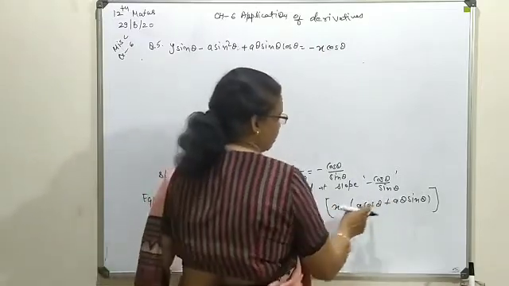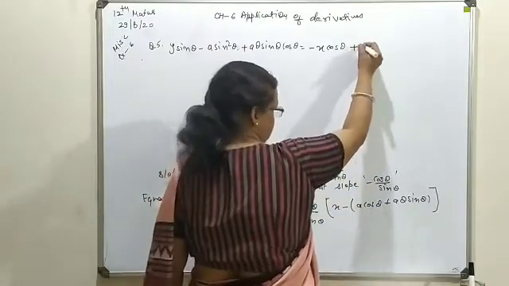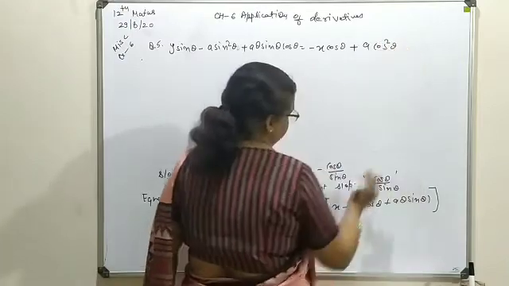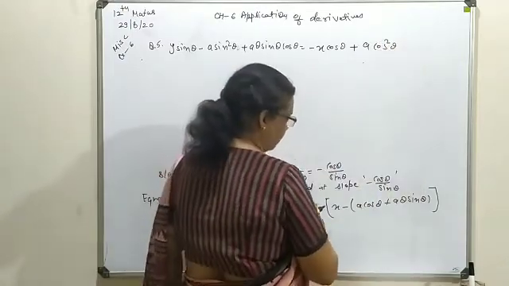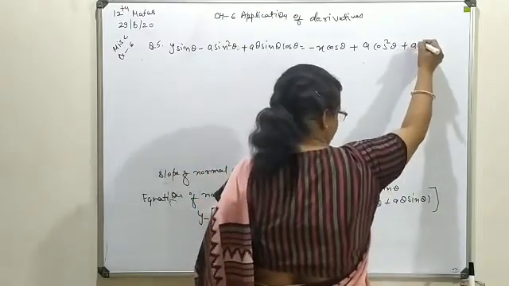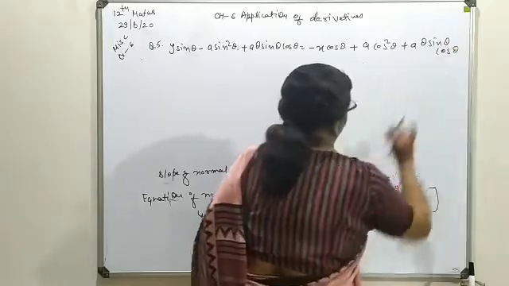So as such these two signs are considered as a cos square theta and plus a theta sin theta cos of theta.